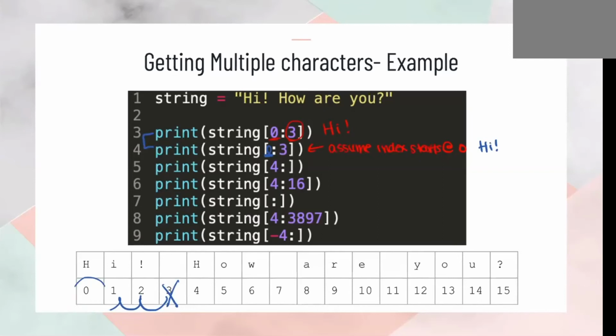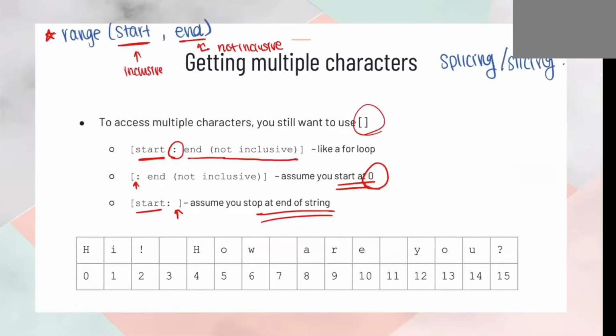How about the next line? We have print string 4, and then we have a blank. There's nothing here. But if you recall, if you are missing something at the very end, then you assume you go all the way up to the very end of the string.